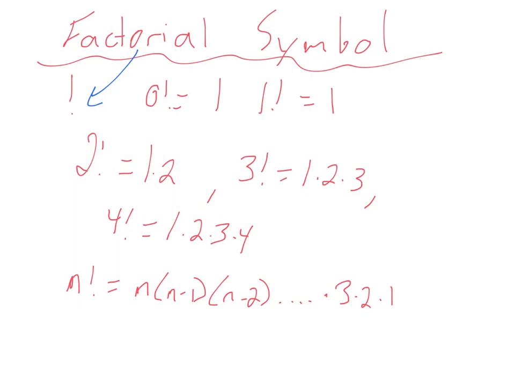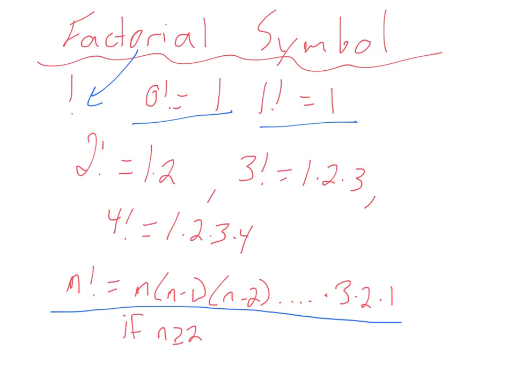So that's what n factorial means. But this is if n is greater than or equal to 2. If n is 1, it's just 1, so this definition doesn't apply. And if n is 0, it's also 1. So we have different definitions for the first two, and then every subsequent one is based off of this definition right here. So that's what factorial means.